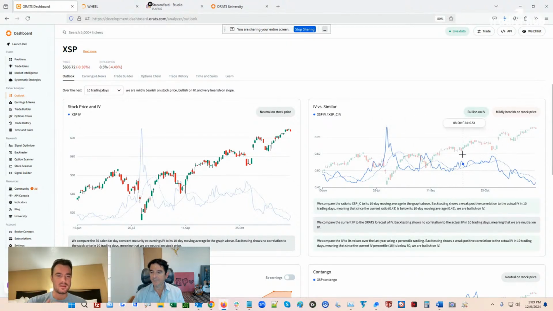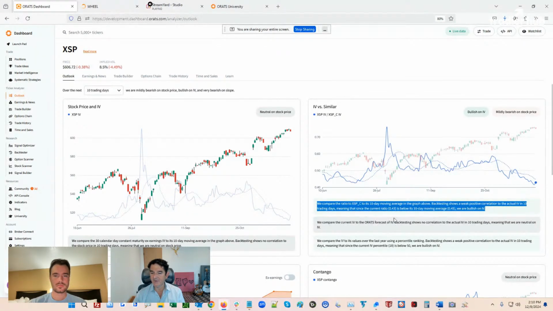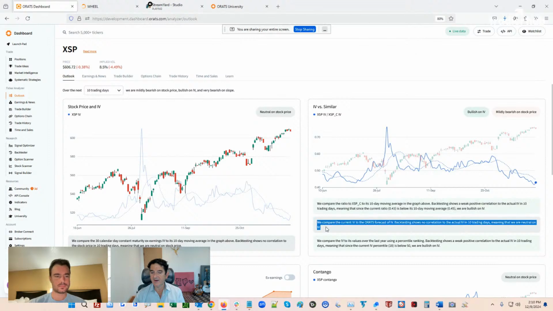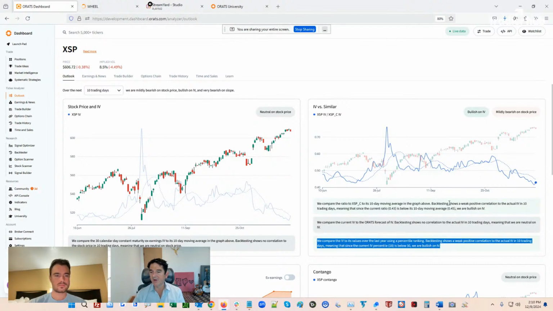If there is a positive correlation there, then we can assume it's going to revert to that moving average. That's where we derive the bullish on IV signal that you see at the top of the chart. It's green, so this explanation is bullish. This explanation, gray, is neutral, and this explanation down here is bullish. So we look at things in a few different lights. Yeah, good point, Tyler.